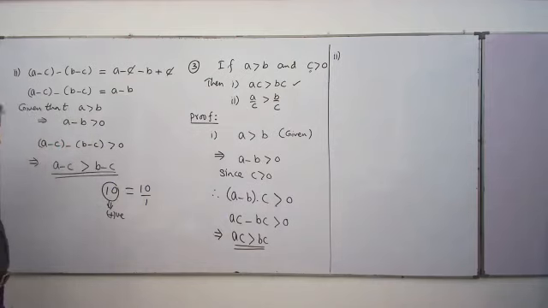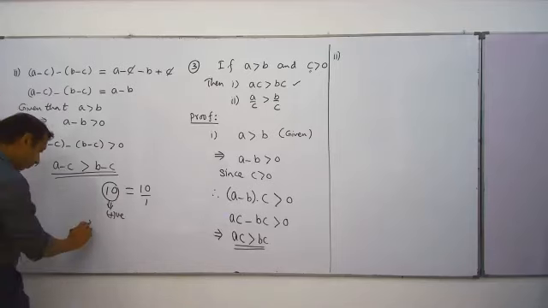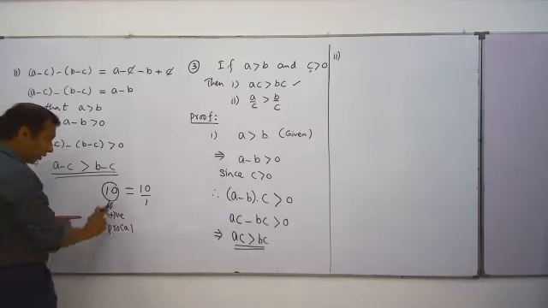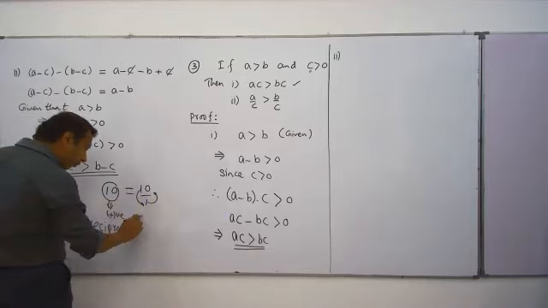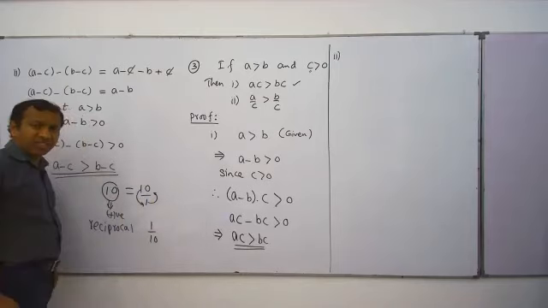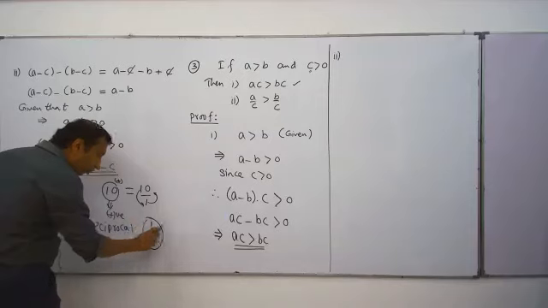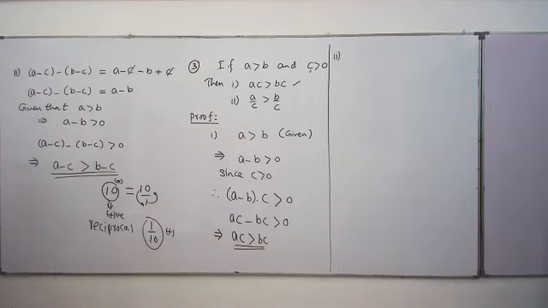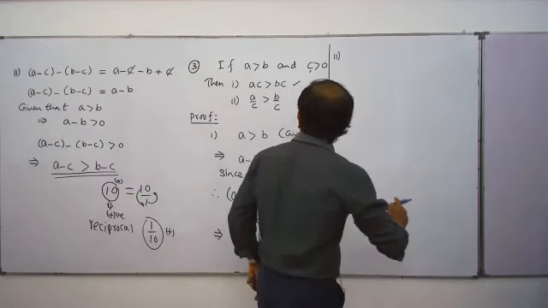Then the reciprocal of 10 means, 10 is 10 divided by 1, and reciprocal means we exchange this: 1 upon 10. It's a reciprocal. If this number is positive, its reciprocal is also positive, people.